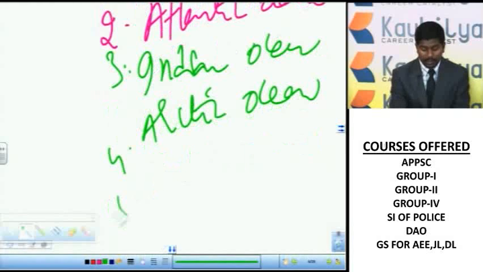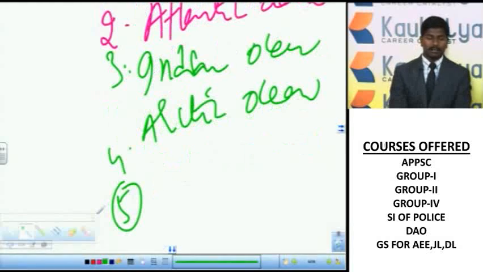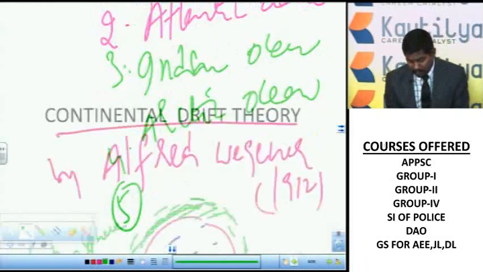But in some books it is also mentioned Antarctic Ocean or Southern Ocean, but this is not a separate ocean.